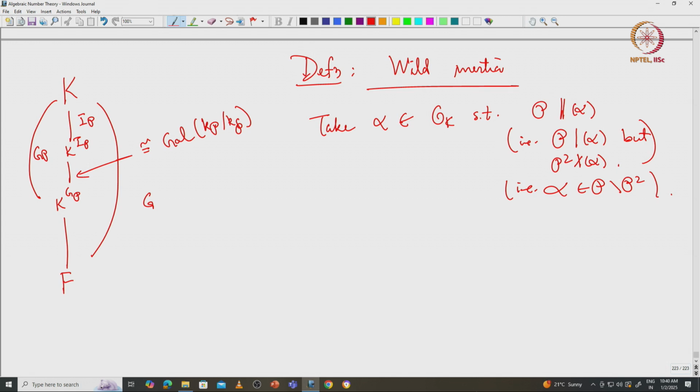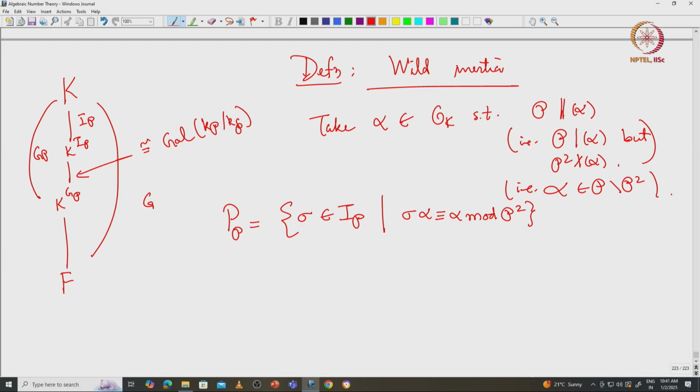Okay. And then I am going to take P sub p to be all the elements sigma in I sub p such that sigma of alpha is congruent to alpha modulo P squared. So rather than going mod P, I am going to go mod P squared.